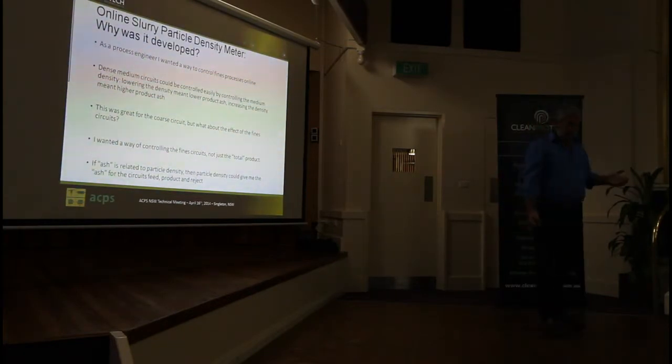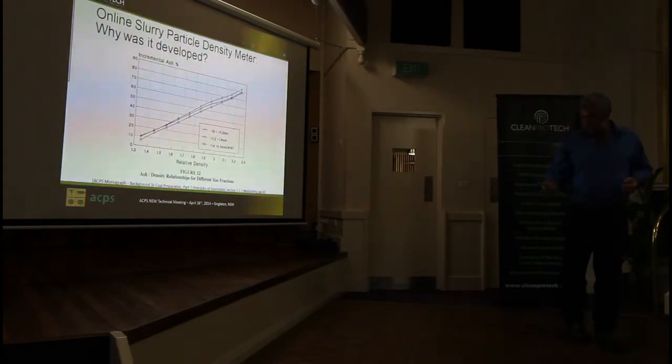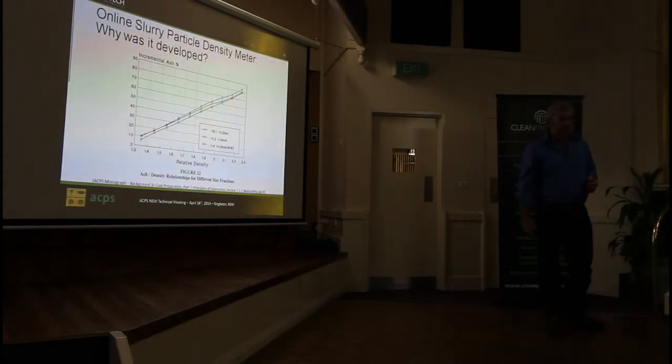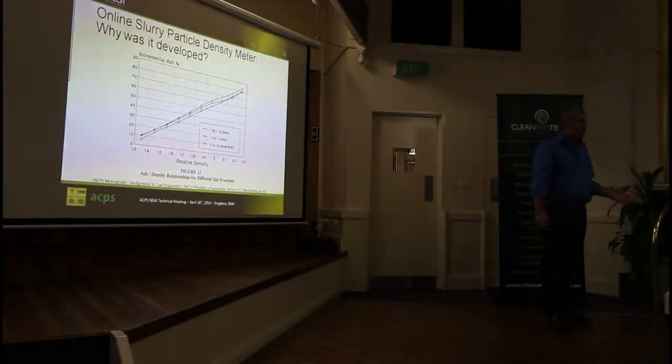Now, of course, ash is actually one of the main things we're after, because that's our product quality. It becomes quite an interesting thing, the ash in there. But I thought, well, if ash is related to particle density, maybe the simplest, best and easiest way of going about controlling our fine circuits is to measure the particle density. I mean, we all know particle density and ash are quite well related.